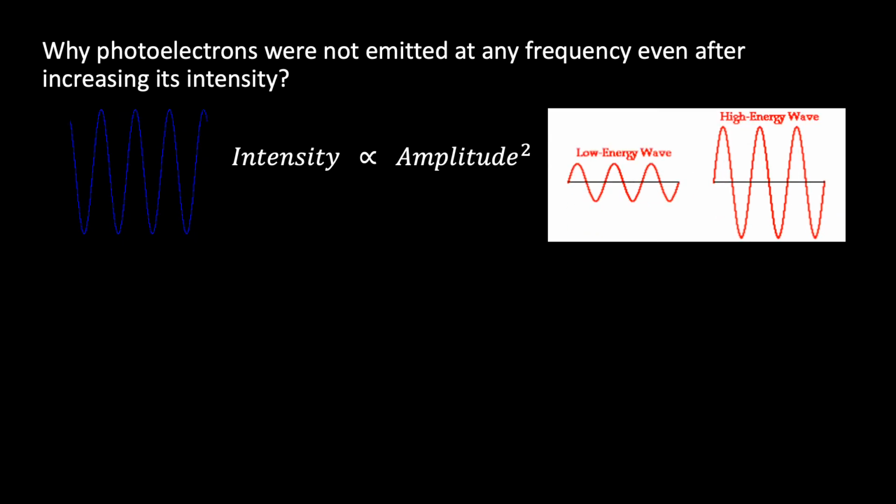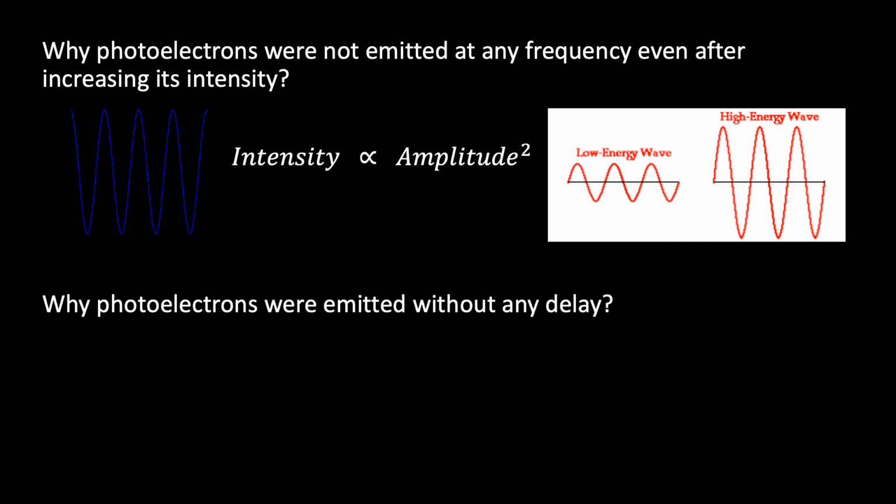So according to the wave theory, the photoelectric effect should take place at any frequency of light, provided that the light is intense enough to supply the energy needed to eject the photoelectrons. However, observations show that the photoelectric effect does not occur even though the intensity is increased for light that is less than a particular frequency.